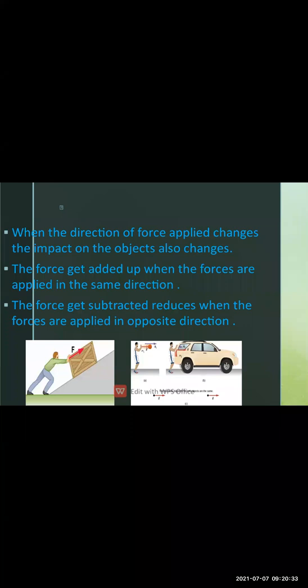When there is a slope and you are trying to ride the cycle on that slope, the force which you are going to apply will be subtracted because it is against the direction. When you climb, it is against the direction. When you come down the slope, you come down immediately, but when you have to go up on the slope, what will happen? The force which is applied by you is supposed to be applied more, and it reduces the direction. That is, whenever you climb a slope, the force applied to climb that slope will be reduced. Okay, it will be reduced.